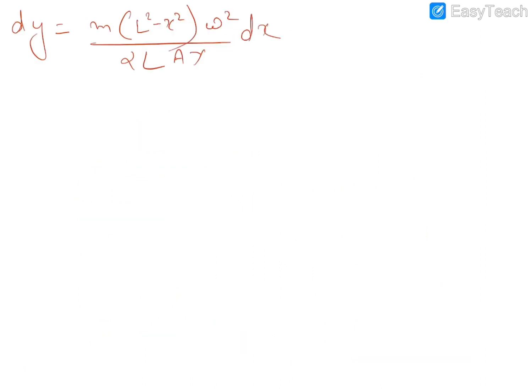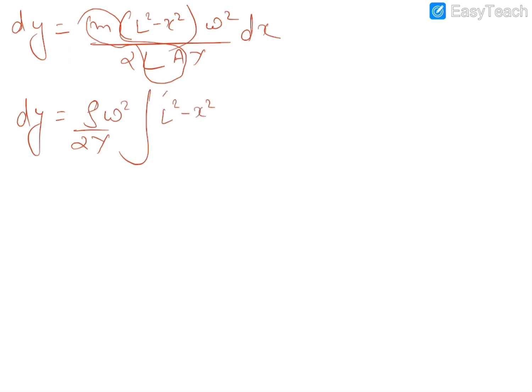Now you can see that mass upon LA is mass upon volume, which is equal to density. So this is rho divided by 2 gamma into omega square into (L square minus x square) into dx. The limit of this term will be from 0 to L.